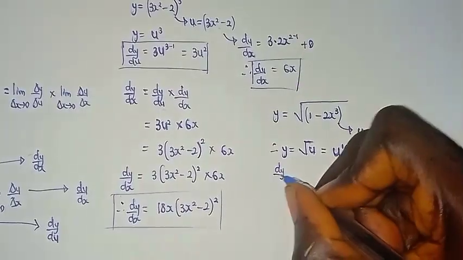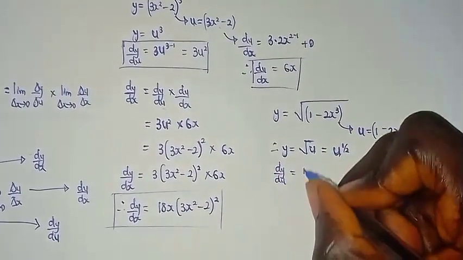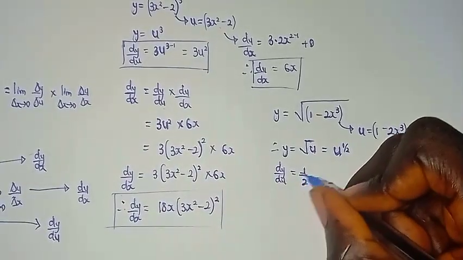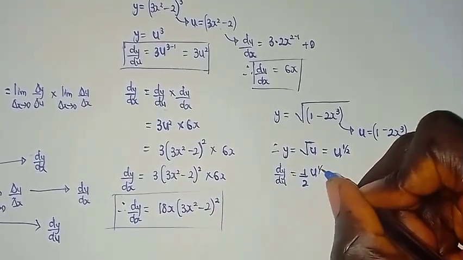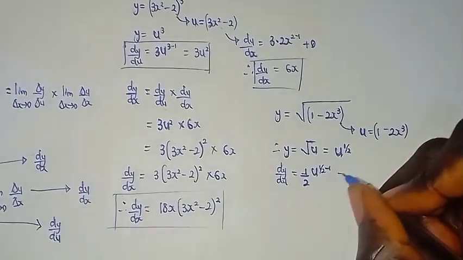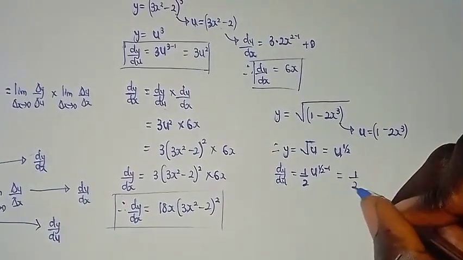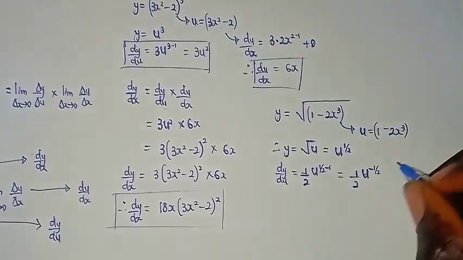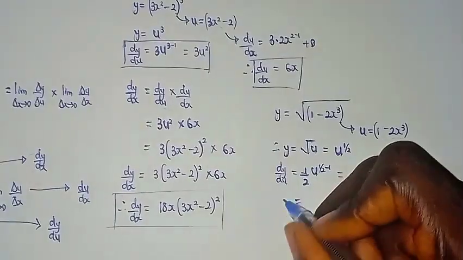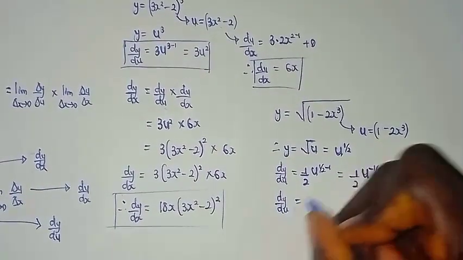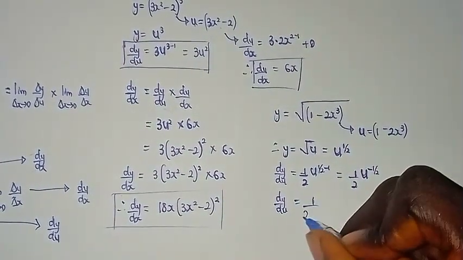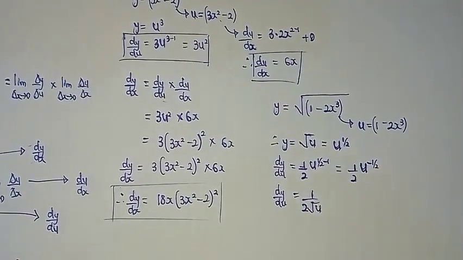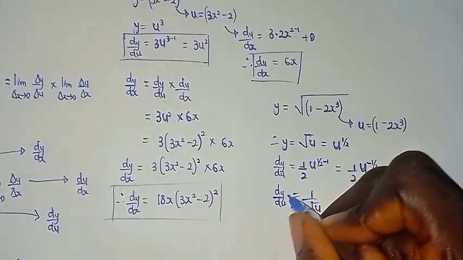So dy over du becomes 1 over 2, remember the power, 1 over 2 multiplied by u, and then we'll subtract 1. So this becomes 1 over 2 u raised to the power minus 1 over 2, which is 1 over 2 square root u, right? So we've gotten the dy over du.